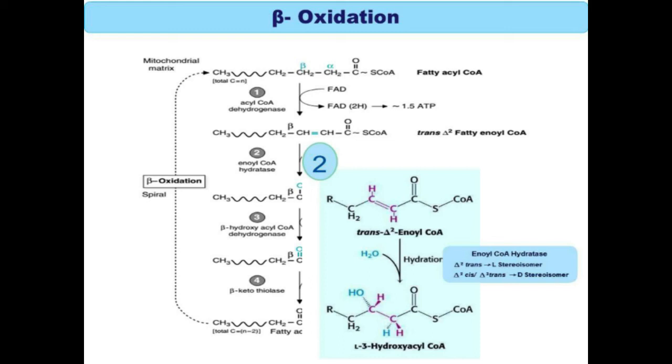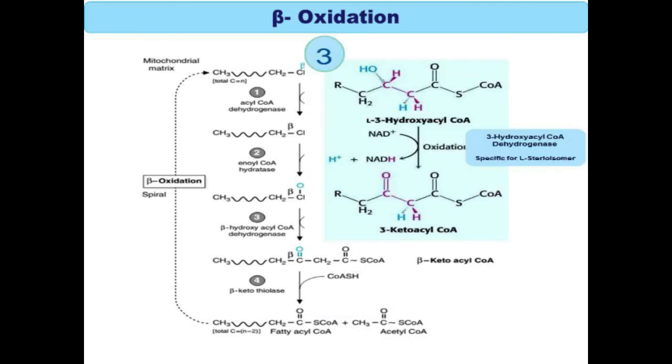This reaction has no chain length specificity, but D isomers produced from delta 2 cis or delta 3 trans unsaturated acyl-CoA could not undergo the second dehydrogenation step.